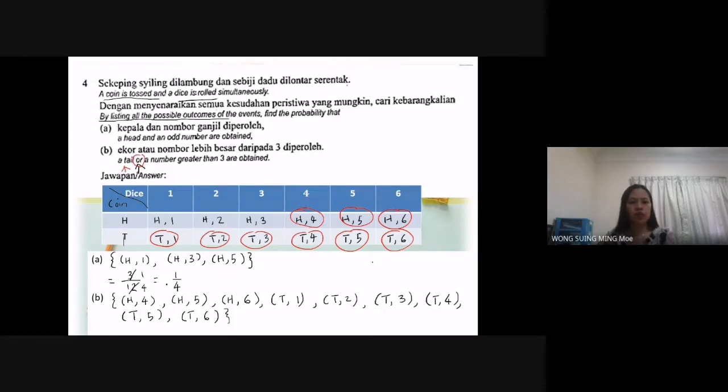Okay, so just now how many? 9, right? So 9 over the total of the sample space is 12. So we simplify it equal to 3 over 4.